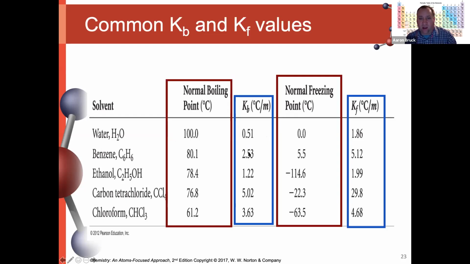And so large values of Kb, Kf indicate that we have a substance that's relatively nonpolar. And so we're going to see large fluctuations in the freezing point or boiling point of the substance, because we're going to get far better interactions between solute and solvent in their cases than they would by themselves.